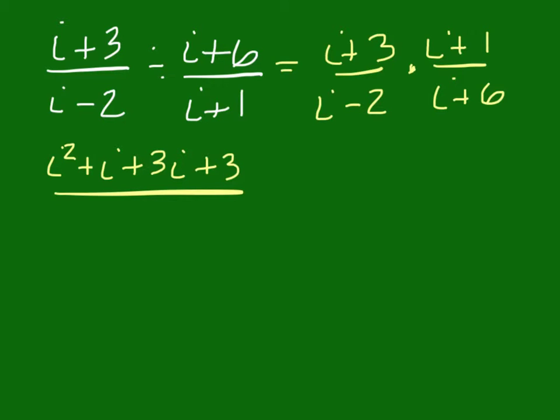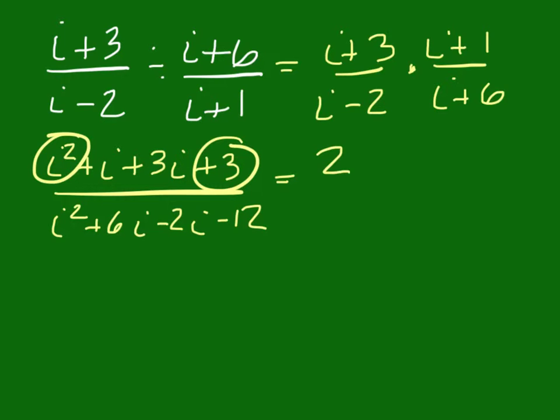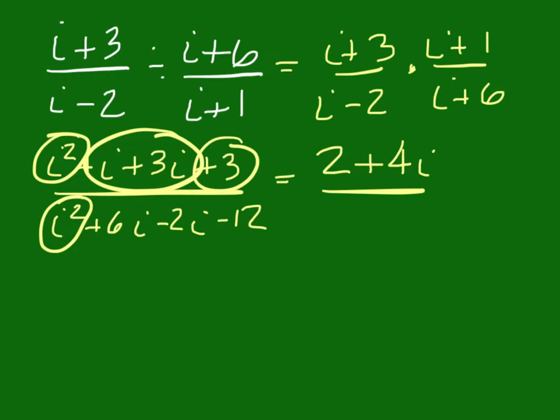And that's going to be over i squared plus 6i minus 2i minus 12. Simplify that. This is a negative 1 with the 3 becomes a 2, and we have a 4i. On the bottom, i squared with the negative 12 is negative 13, and then we'll have a 4i.